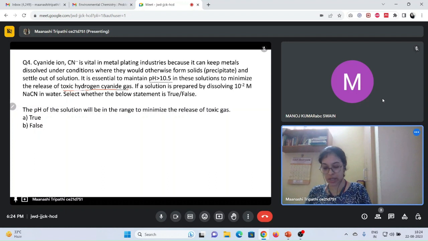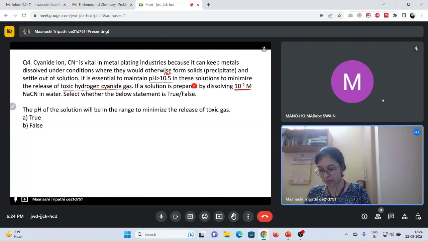So this is your pKa value, I guess. The question is, we are preparing a solution by dissolving 10 raised to power minus 2 molar NaCN, sodium cyanide, in water. So we have to say if the statement is true or false.